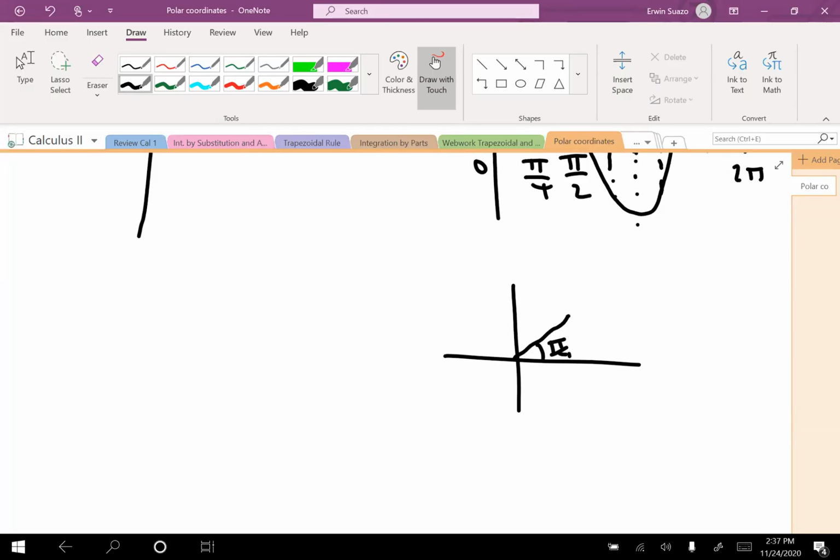So what is cosine of pi fourths? Somebody remember cosine of pi fourths? We did it last class. Square root of 2 over 2. Thank you, yes. So then, don't forget cosine of 0. What is cosine of 0?